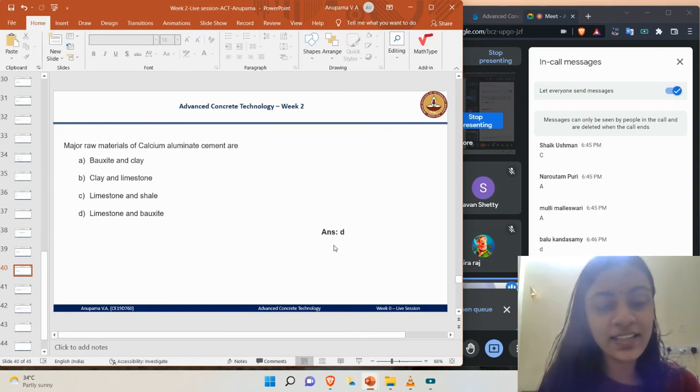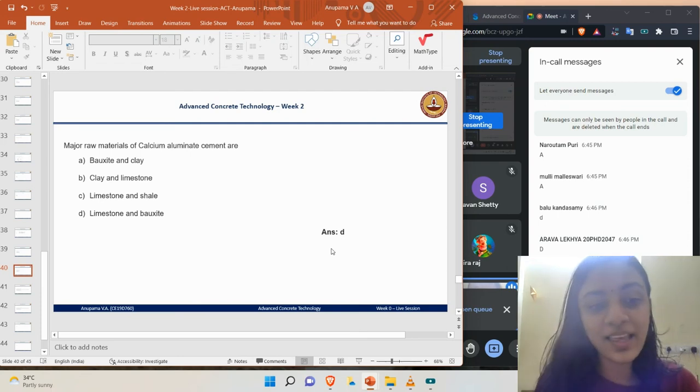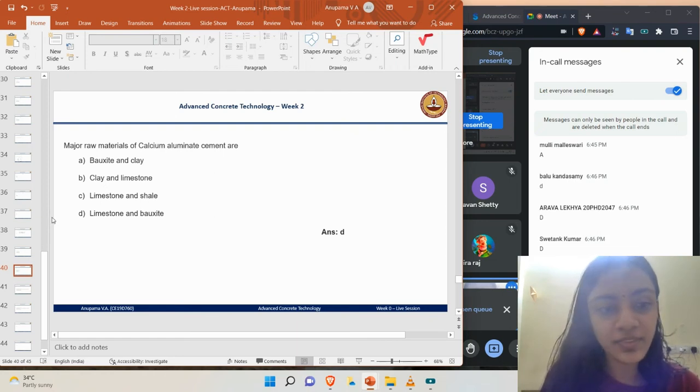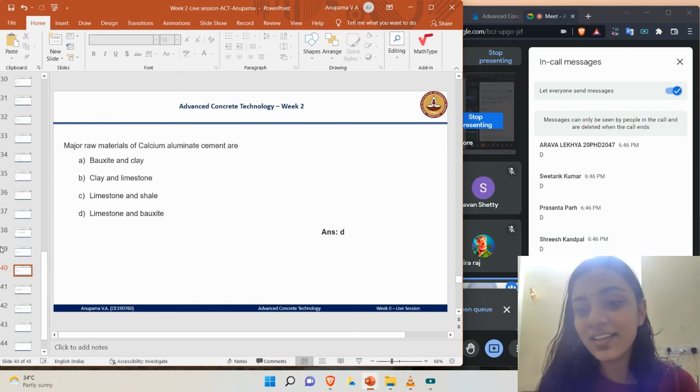The correct answer is D, limestone and bauxite, because limestone provides calcium carbonate, and bauxite provides alumina.